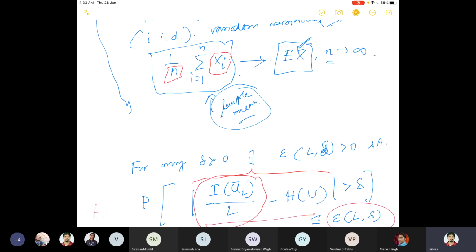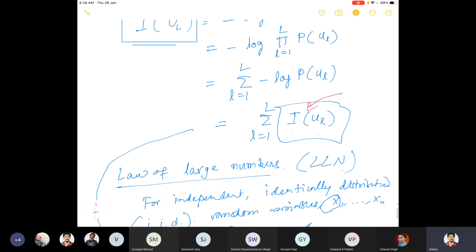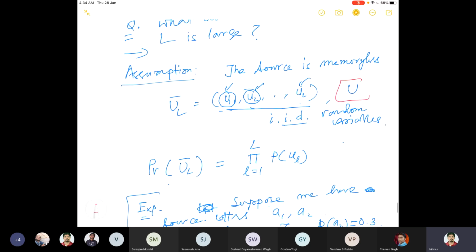Why? Can anybody tell me why the expectation is entropy? Expectation of X? Because X here is the self-information. So the average self-information is the entropy of U. U means what? Like U1, U2, UL. Here I somehow denoted it as U. You see, U is the random variable whose copies are U1, U2, UL, let's say.